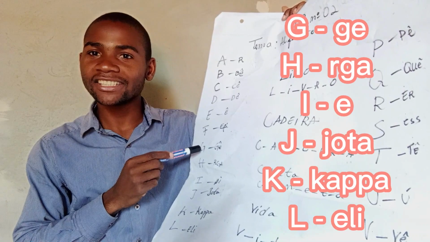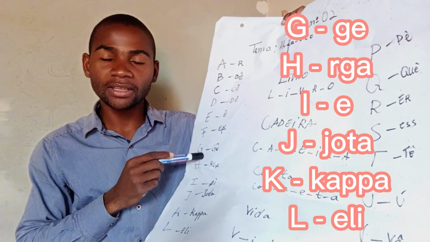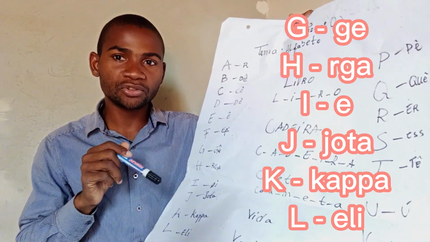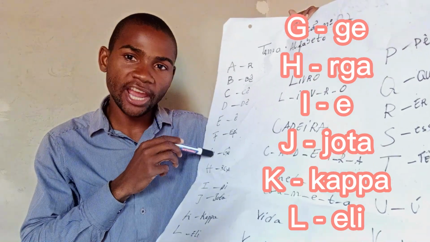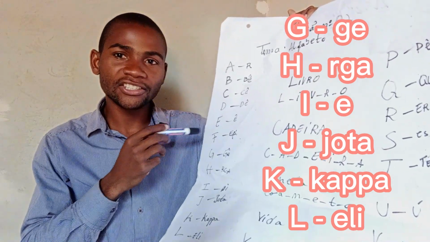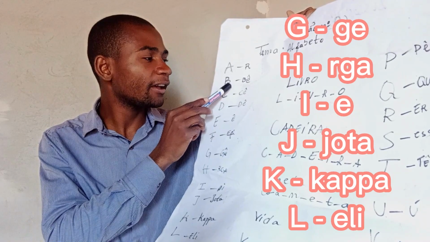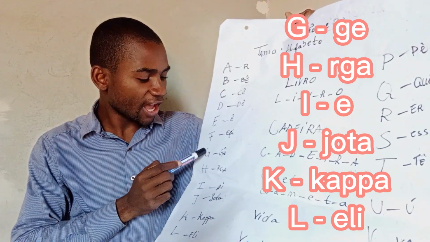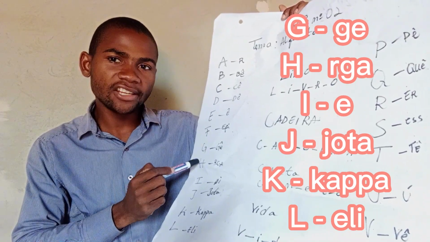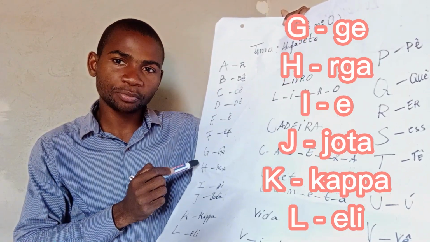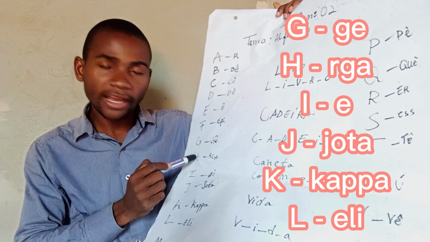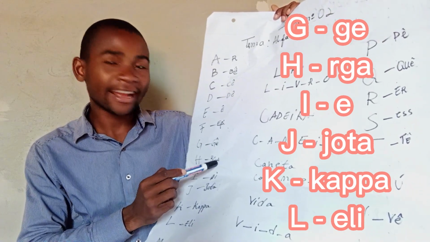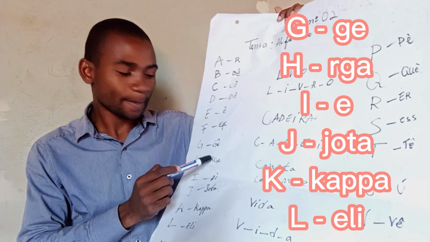J is not J anymore because we are speaking about Portuguese. So in Portuguese, G becomes "je." You know, as this one too, like B, C, D, G. H is not H anymore in Portuguese, it is "aga."